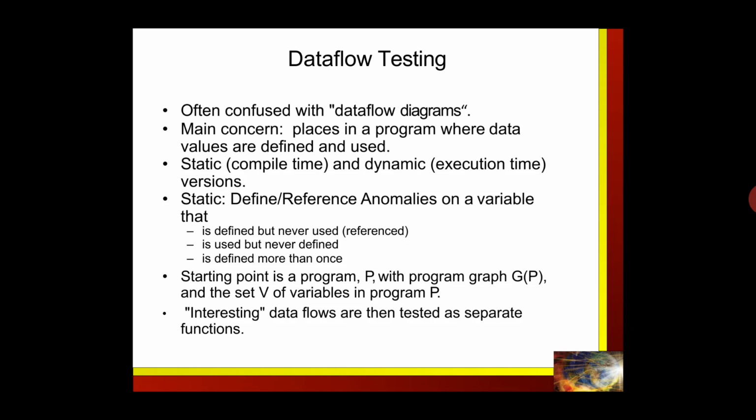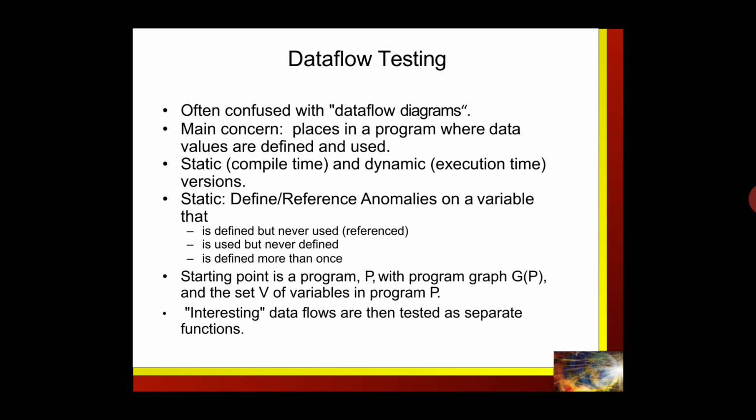The first point of static anomaly. And the second, the variable is used but never defined. There is another anomaly. If the variable is defined more than once, this is called multiple occurrence, right? So these are all three define and reference anomalies.